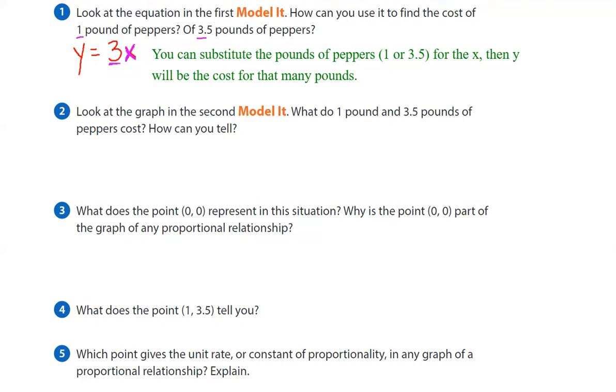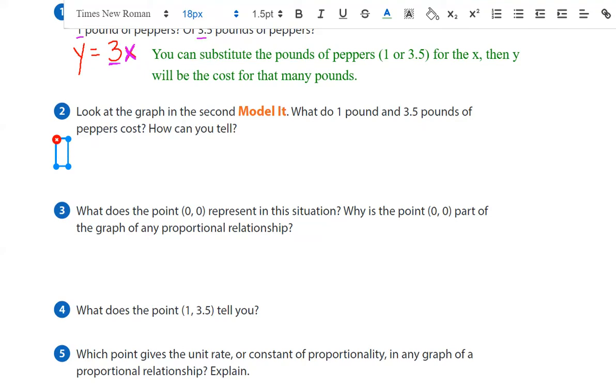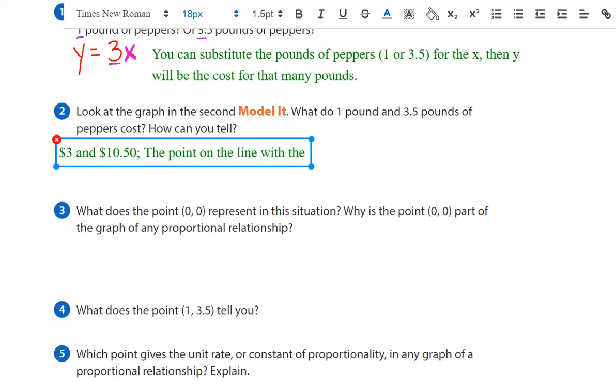But now let's look at the graph in the second, model it. What do 1 pound and 3.5 pounds of peppers cost on there, and how can you tell? Okay, text tool. They cost $3 and $10.50 respectively. And we can tell because the point on the line with the x coordinate, which in this situation represents the pounds of peppers, has a y coordinate which represents our money.